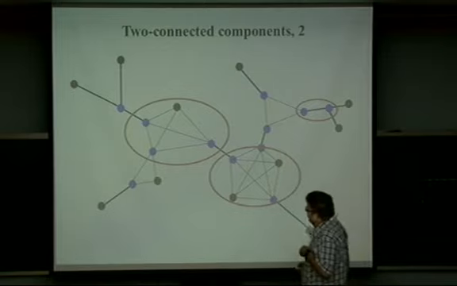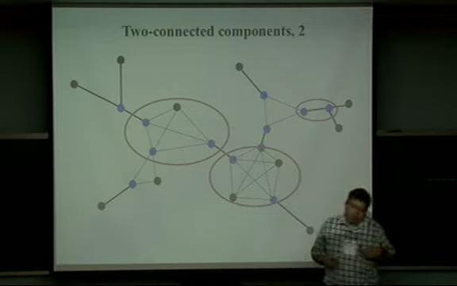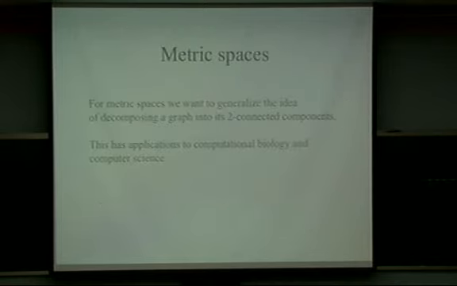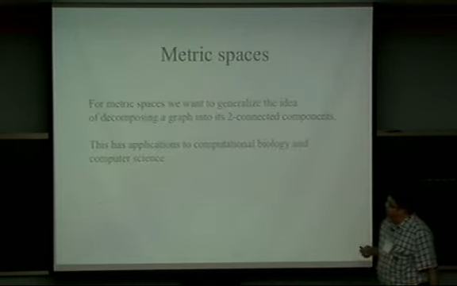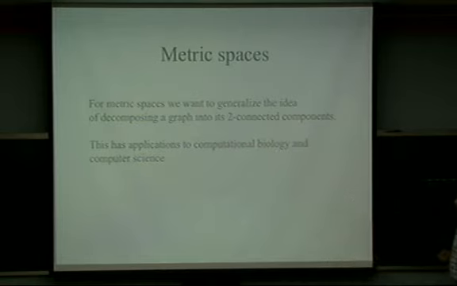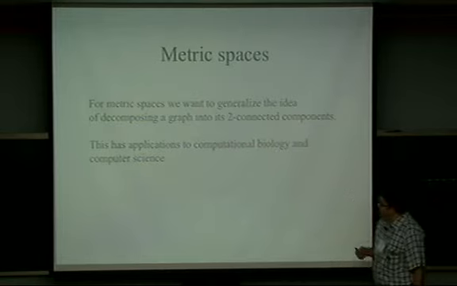So the main point of this talk is, if we start with a metric space, we want to analyze the idea of decomposing a graph into its two connected components.